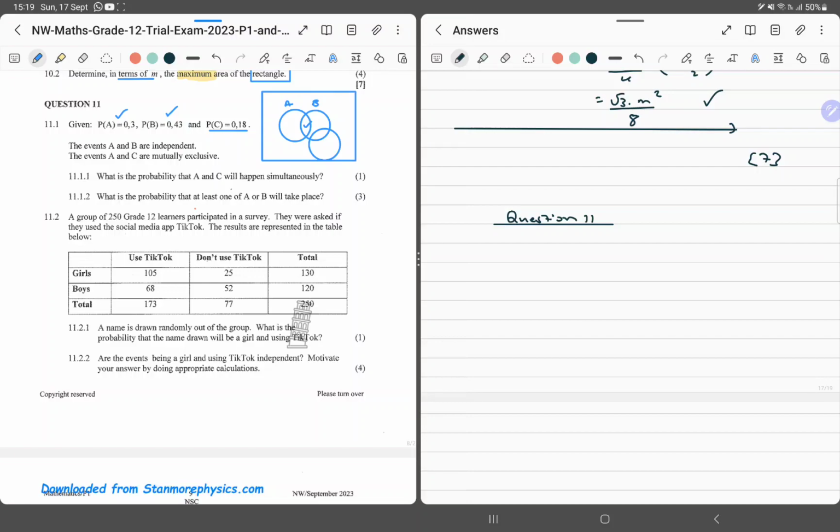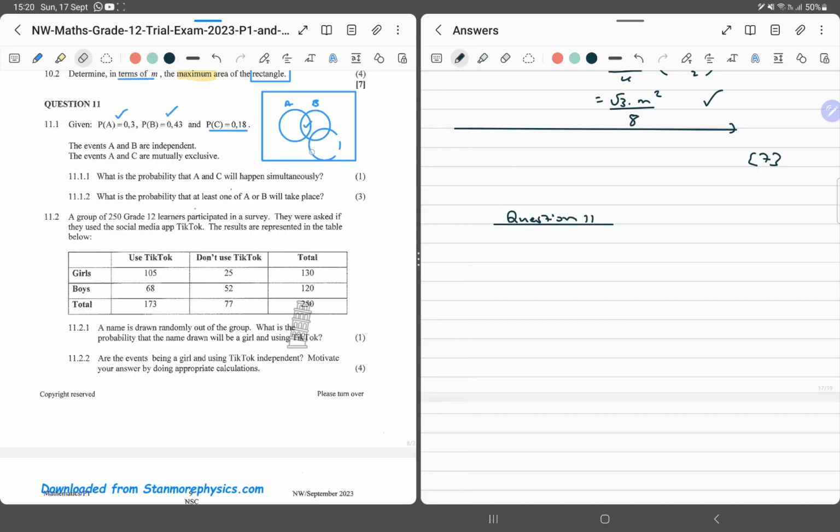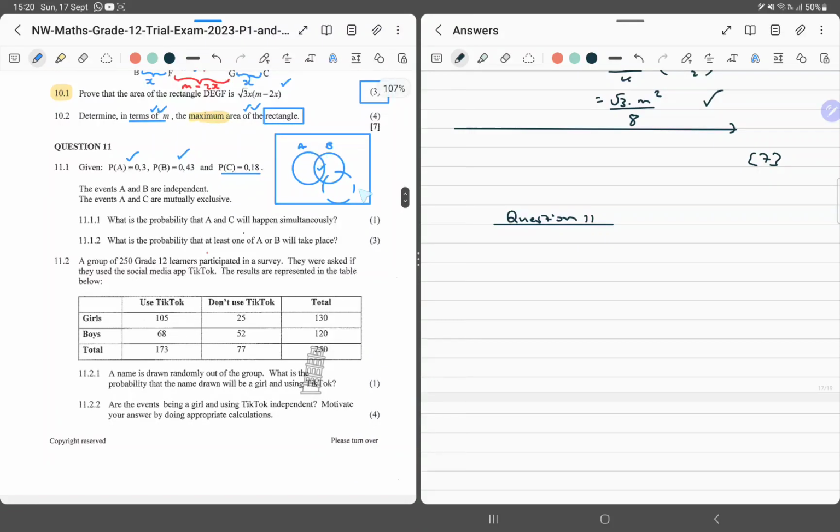But we're not too sure that C actually has anything to do with B, but it does not have anything to do with A. That's what it's telling us. But it may do it indirectly through B. So always think of a Venn diagram when you're given 3 events like that.